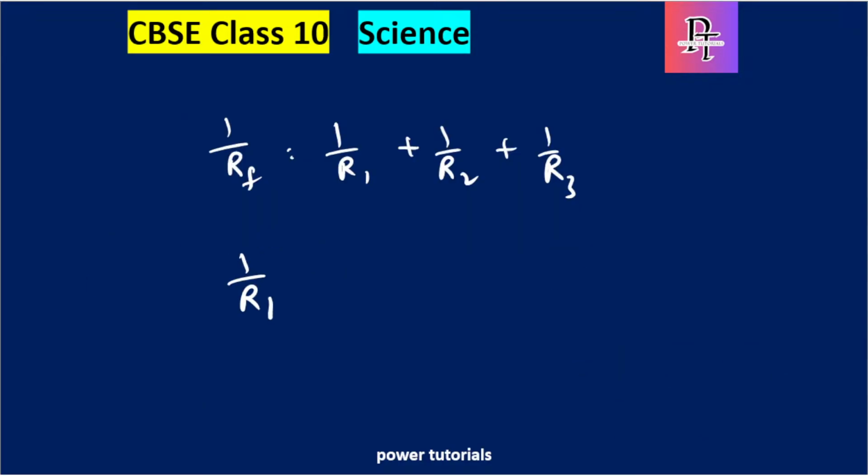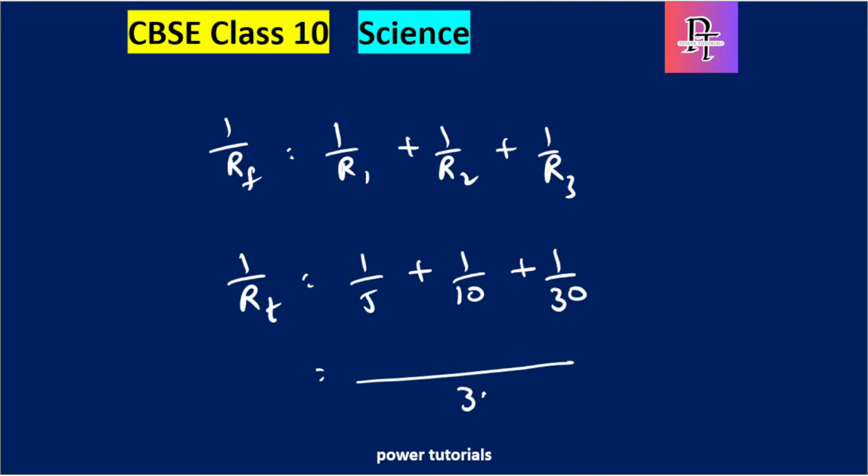So 1 by R total is equal to 1 by 5 plus 1 by 10 plus 1 by 30. If I take an LCM of 30, I get 5 6s are 30, 10 3s are 30, and 1, which is 10 by 30. So I got 1 by R total is 1 by 3.